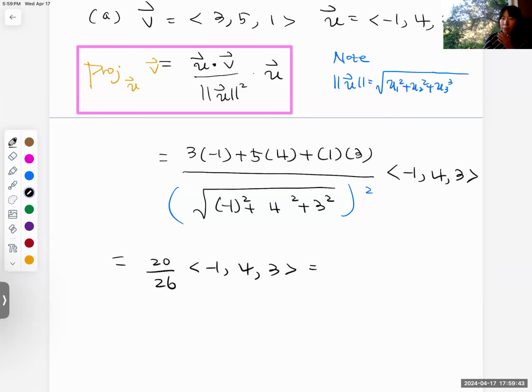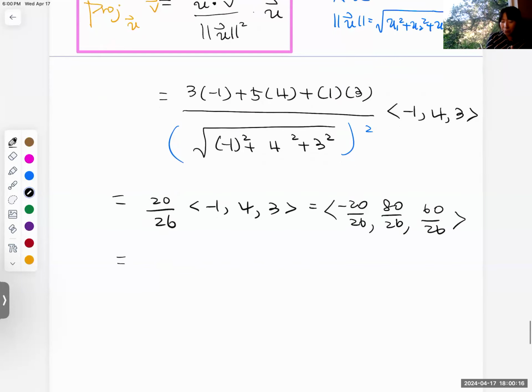Then how do we make a nicer form? If we want to simplify more, then it's 10 over 13. So that will be negative 20 over 26, 80 over 26, and 60 over 26.